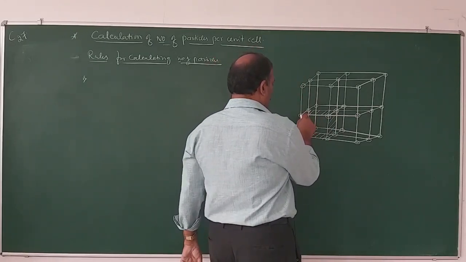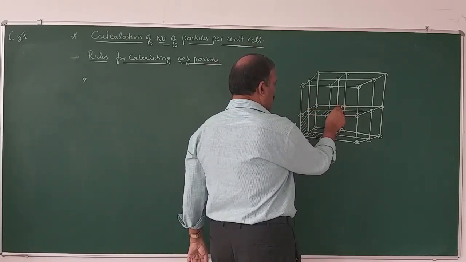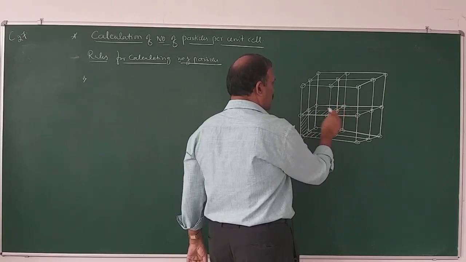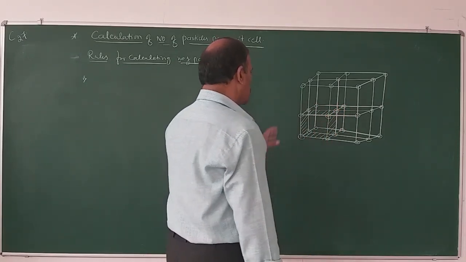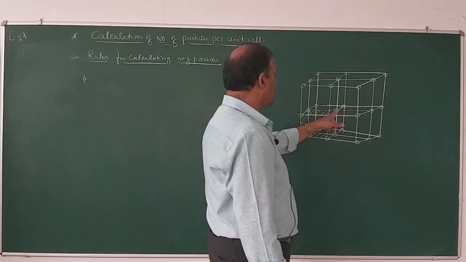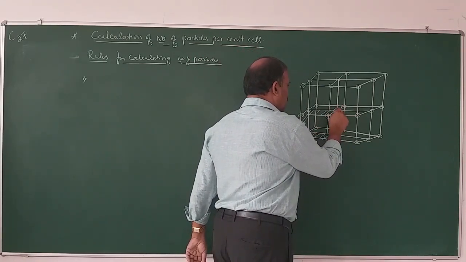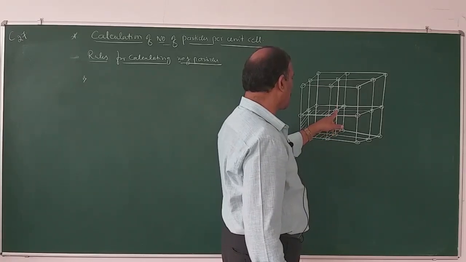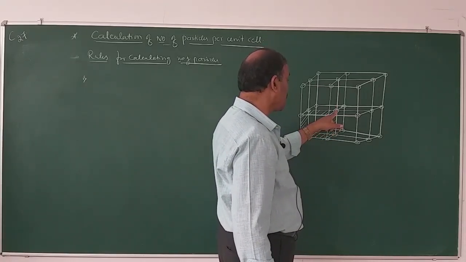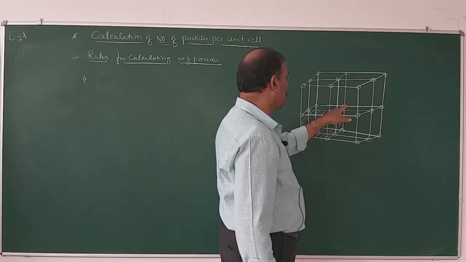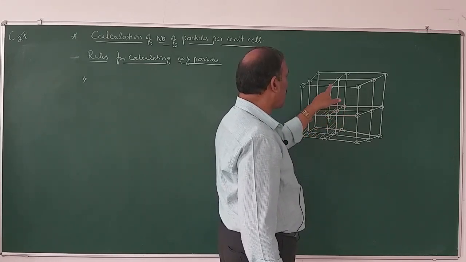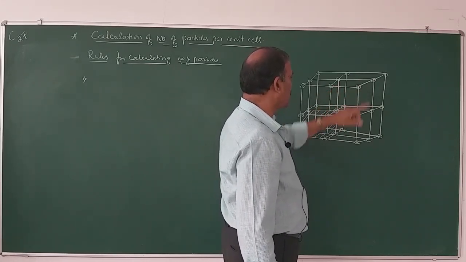So the points here are called corner points. The first rule says that this corner particle, say this corner particle, is attached to how many unit cells? 1, 2, 3, 4, 5, 6, 7, 8.